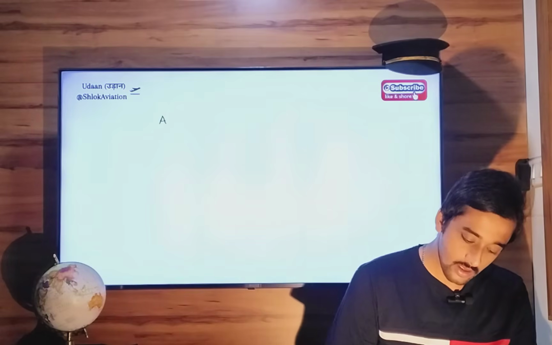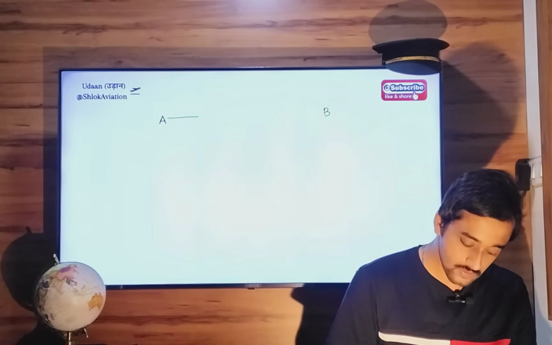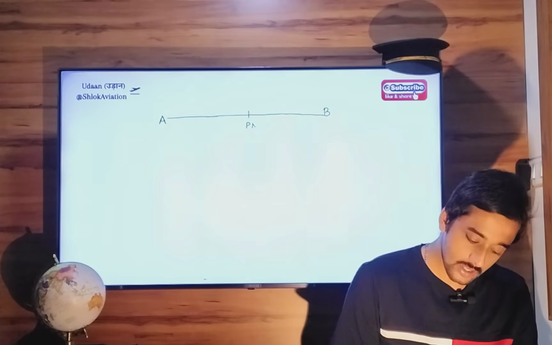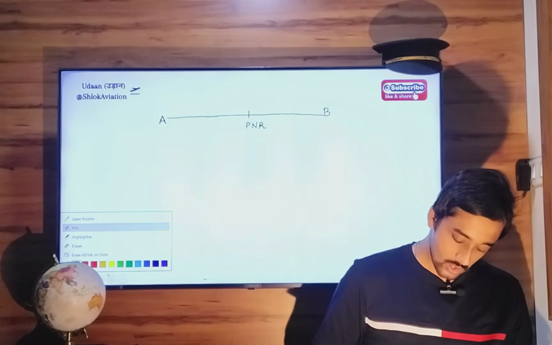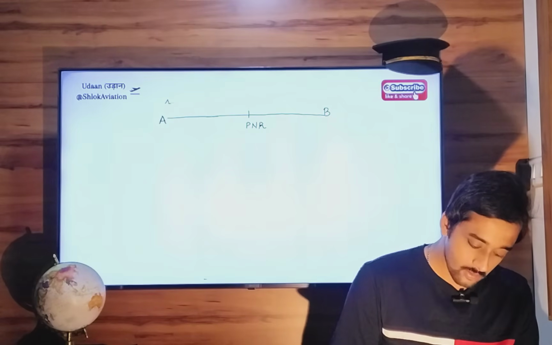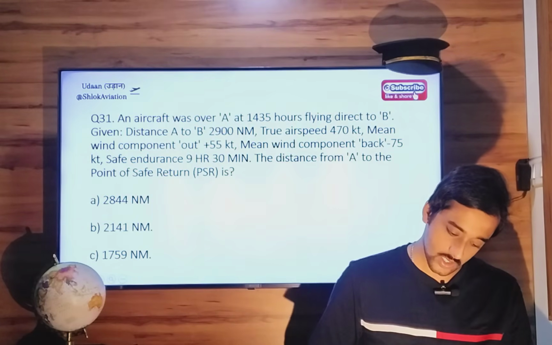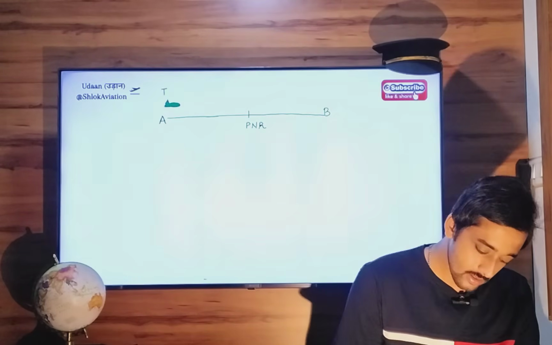Point A, point B. There is this point of no return between them. You're flying from A to B. The true airspeed of your aircraft is 470.